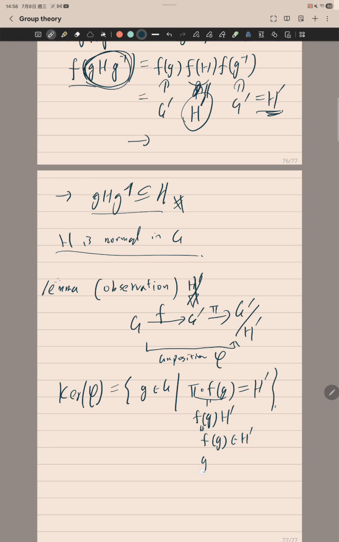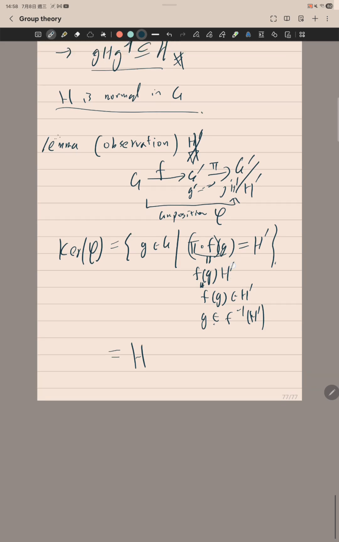So this is the same as g belonging to f inverse of H prime, which is exactly H. So the kernel of phi is just H. This proof is very simple. You should just write down step by step, right? Because pi is just mapping any g prime to g prime H prime, so pi of f(g) will be f(g) H prime, and f(g) H prime equals H prime is the same as f(g) belonging to H prime. Then this becomes g belongs to f inverse H prime, which is exactly H.